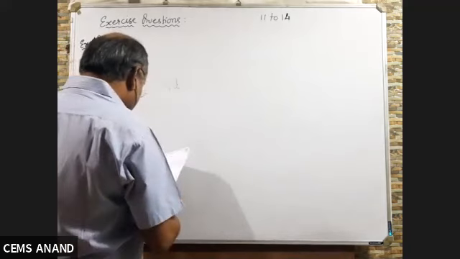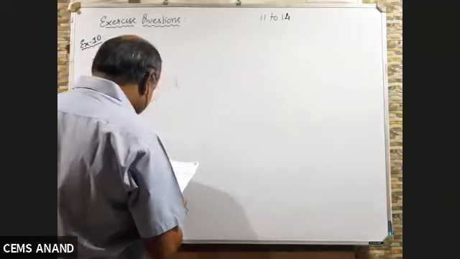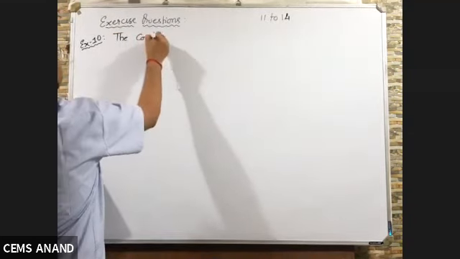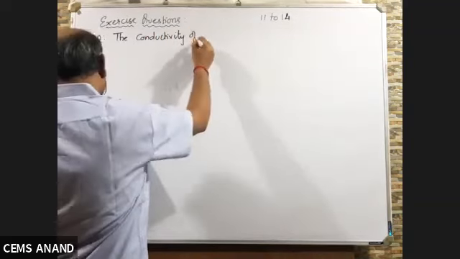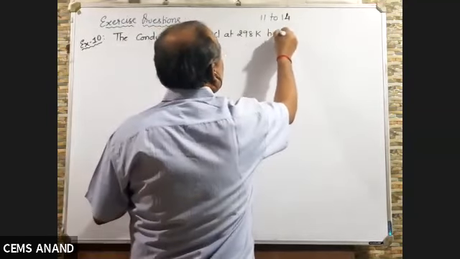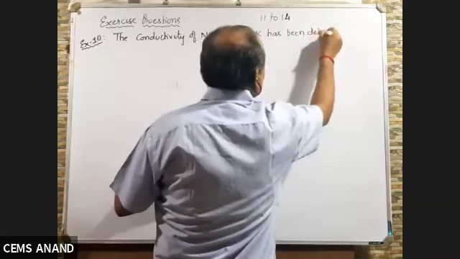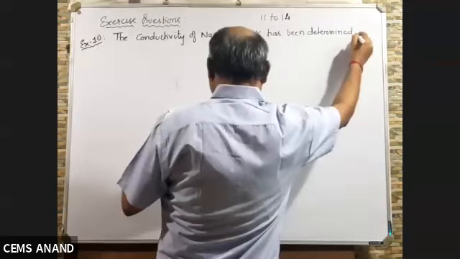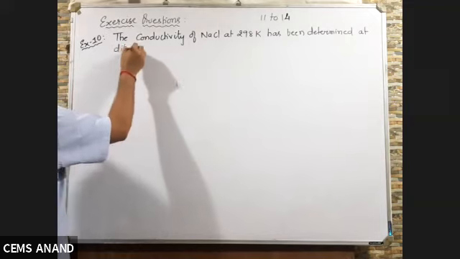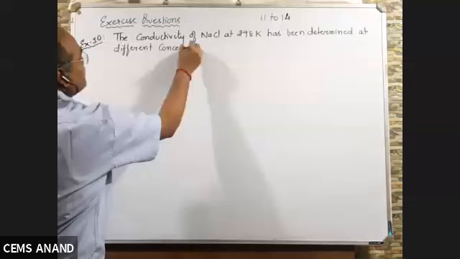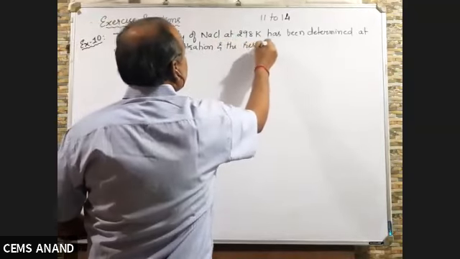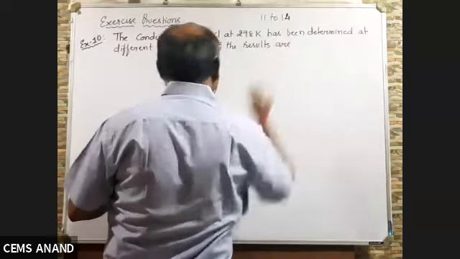Now example 10. The conductivity of sodium chloride at 298 Kelvin has been determined at different concentrations, and the results are given.